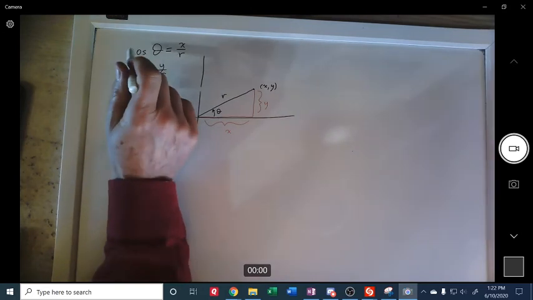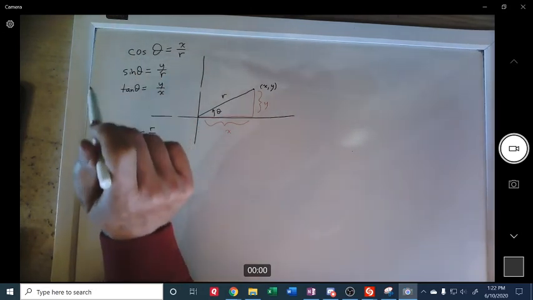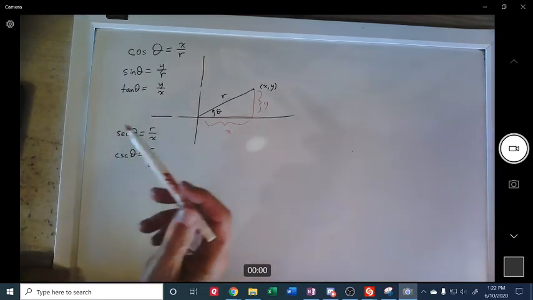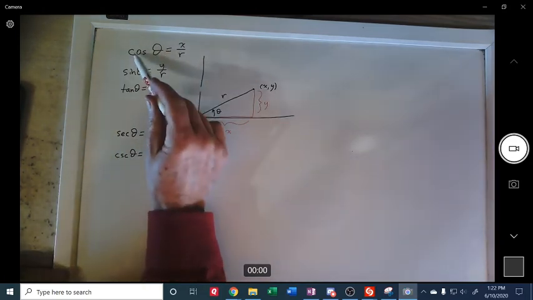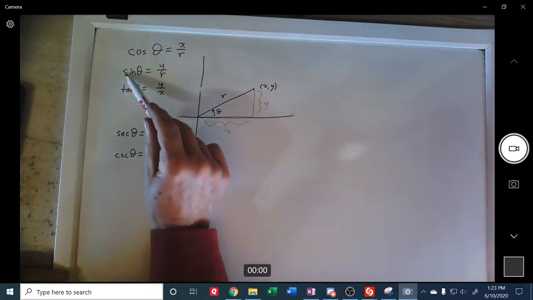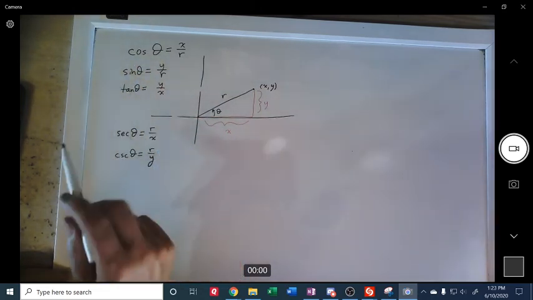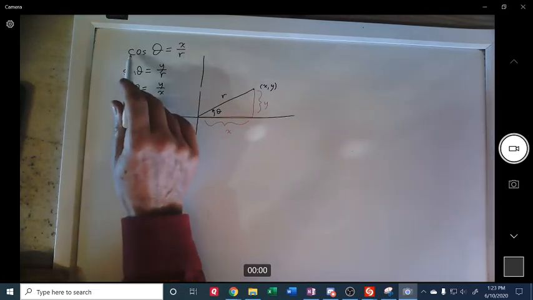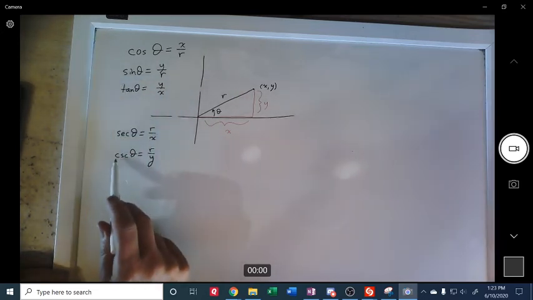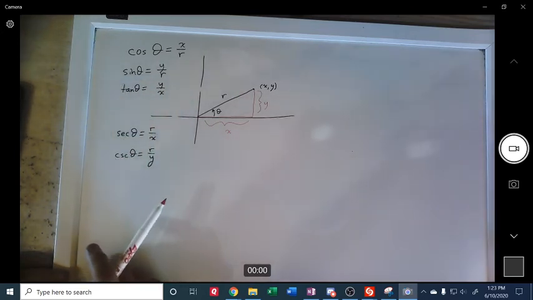Notice there's only two starting letters, either C or S. Same thing over here, C or S. And all you have to remember is you can't match the C with the C. The C has to match with the S. The S has to match with the C. They don't match the same letter. So when you take the reciprocal of cosine, you have to start with the other letter, S. Take the reciprocal of sine, you have to start with the other letter, C.